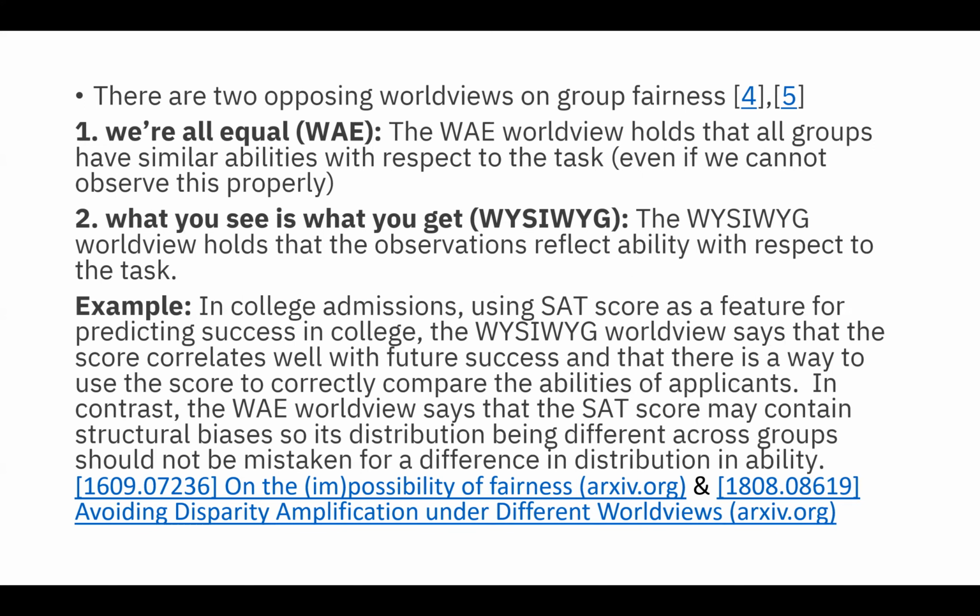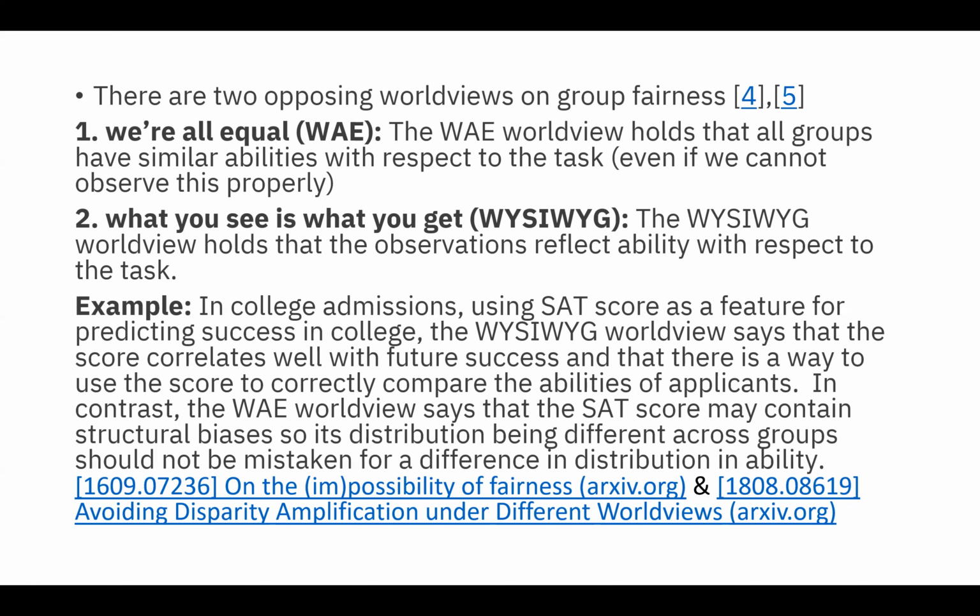So these are two approaches, and I think the approach we have adopted here in my analysis is the second one. Sorry, it's the first one. The worldview holds that all groups have similar abilities with respect to the task. So we don't make decisions on these individuals based on the history out there in the population.